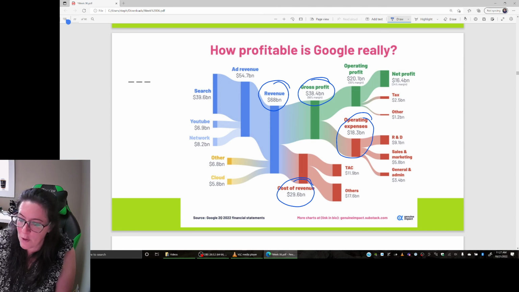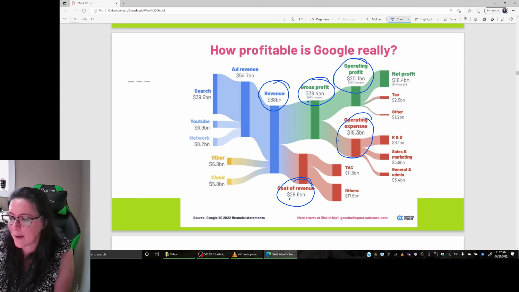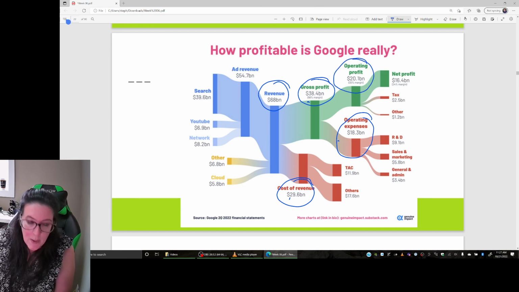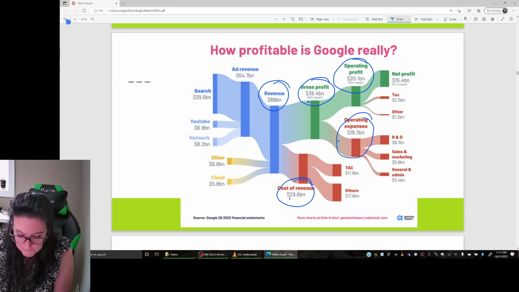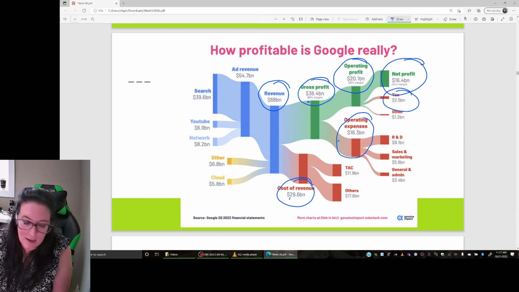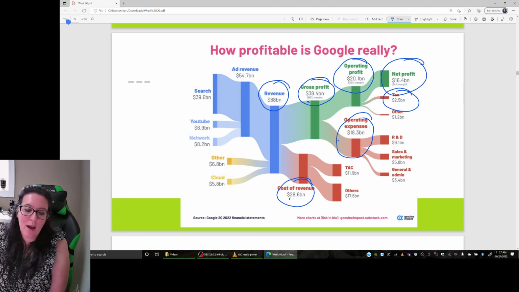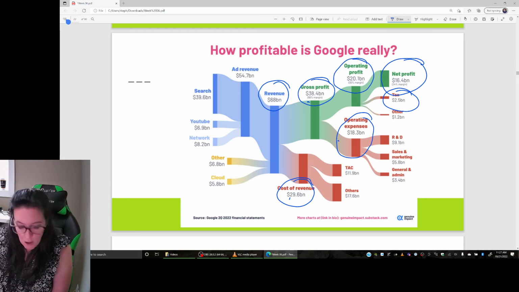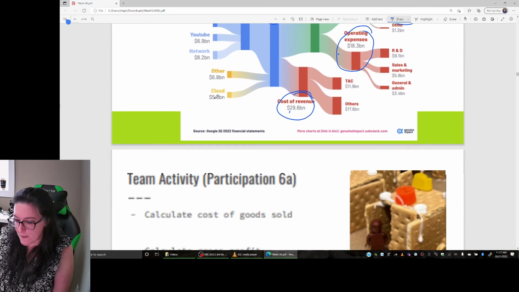So we had our revenue minus cost of revenue equals gross profit minus operating expenses gives us the operating profit. Here's where you could add or subtract any non-operating income or expenses. That gives us then our net profit before taxes. If we then subtract out our taxes, we're left with that net profit after taxes. So you can see how on this infographic we have many of the parts of that income statement.